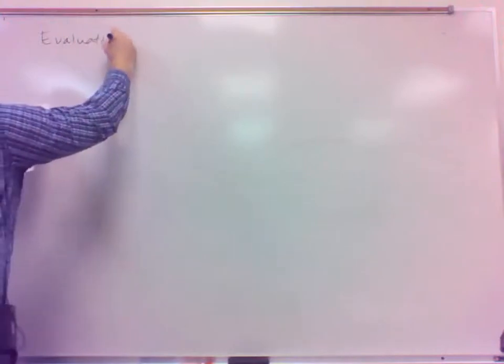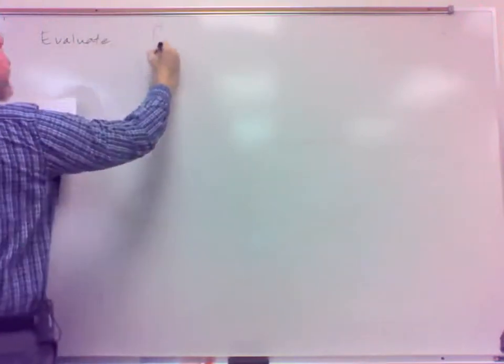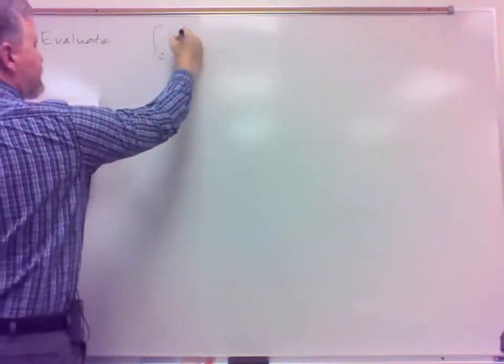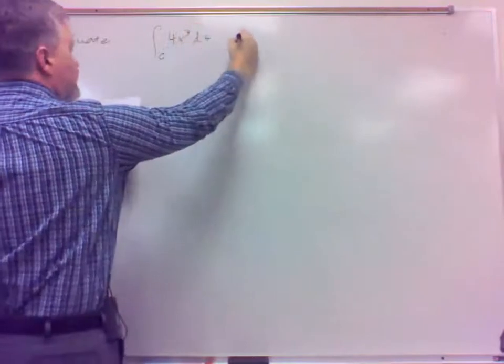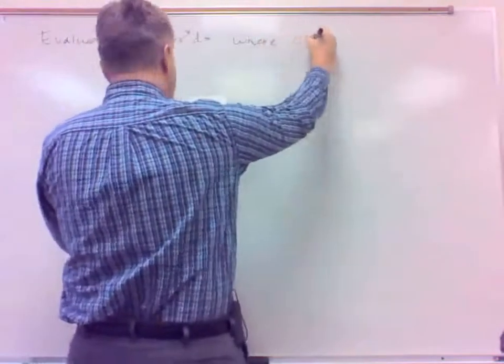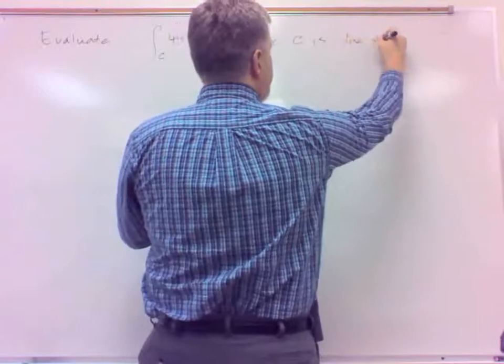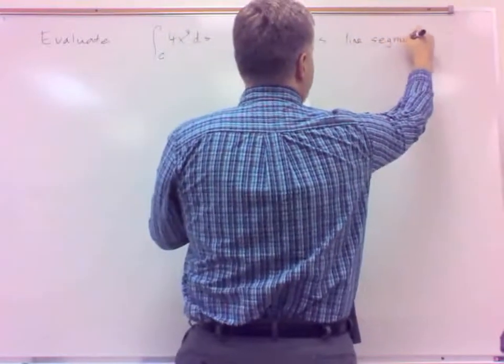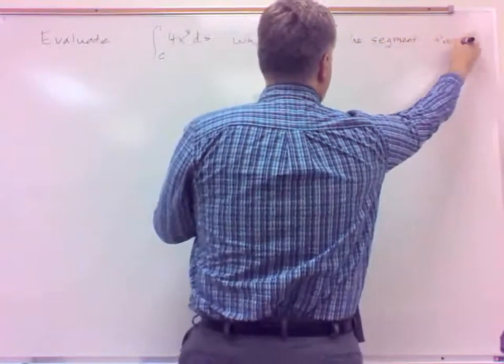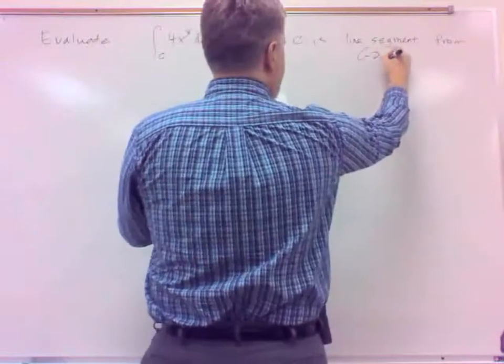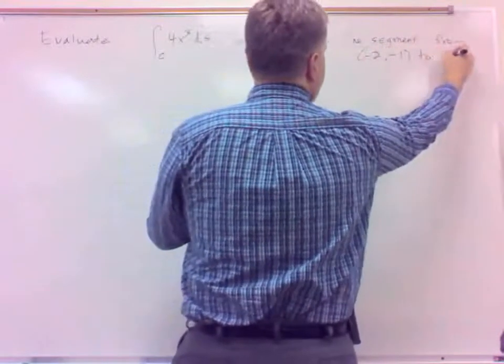So let's do one here. Evaluate the line integral over curve C for x cubed ds, where C is the line segment from negative 2, negative 1 to 1, 2.